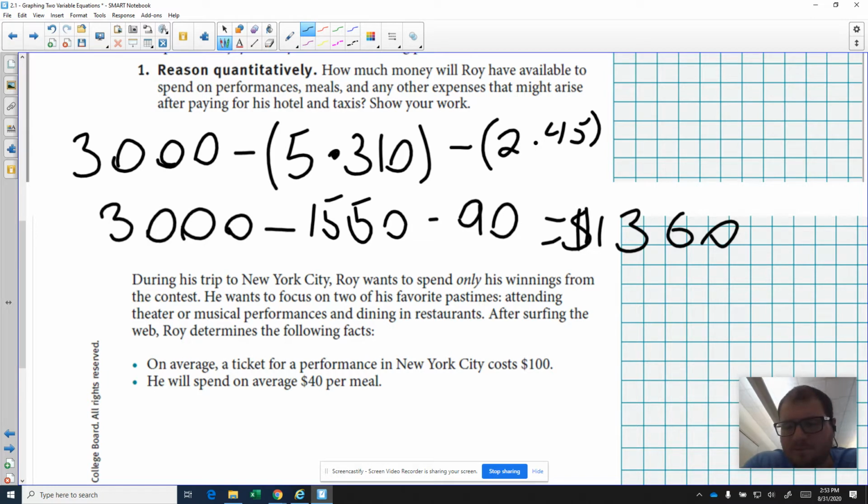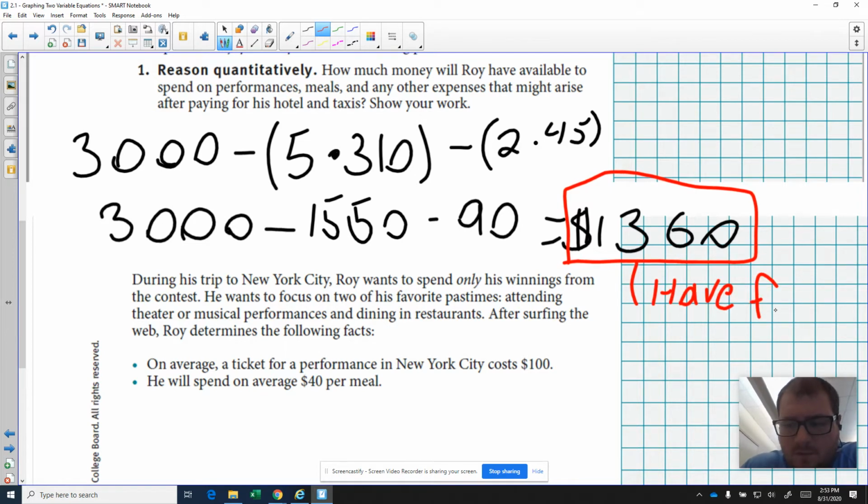That is the amount we have to spend on performances, entertainment, and meals. Okay, that's the key thing here. So after all this is done, this is how much we have for meals and entertainment.